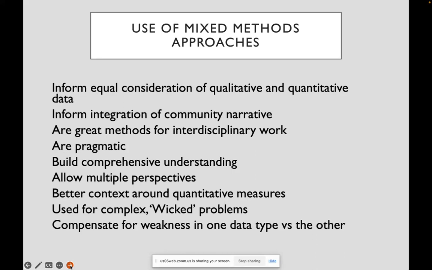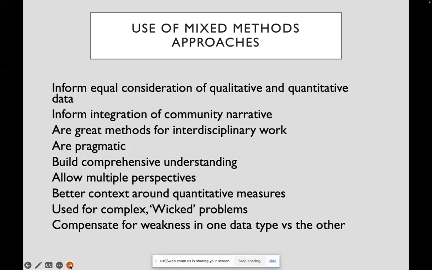And then mixed methods are really great for interdisciplinary work, right? HIA, I think of as the ultimate in interdisciplinary work, where you bring researchers and experts from different fields together, and you form this picture of the impacts of this particular policy, plan, or program.